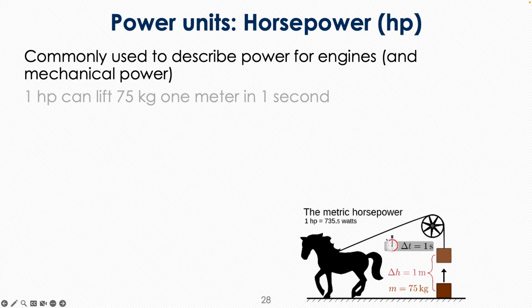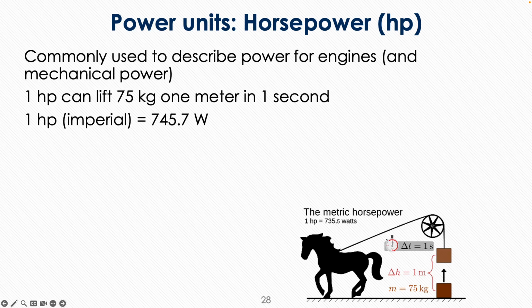So it is the ability to lift 75 kilograms 1 meter in 1 second. Okay, and so unfortunately, there's actually slightly different definitions of horsepower. There is an imperial version of horsepower, which is 745.7 watts equivalent.